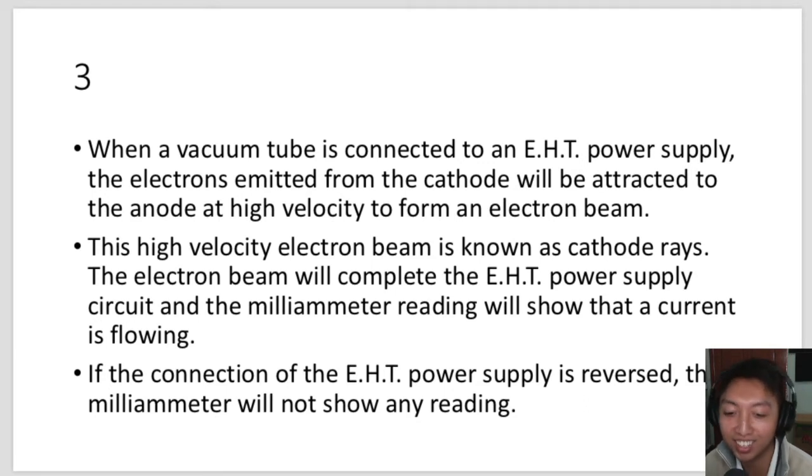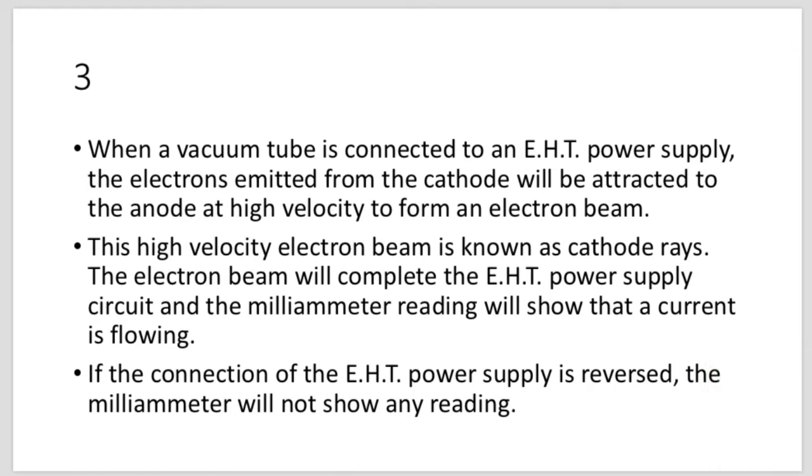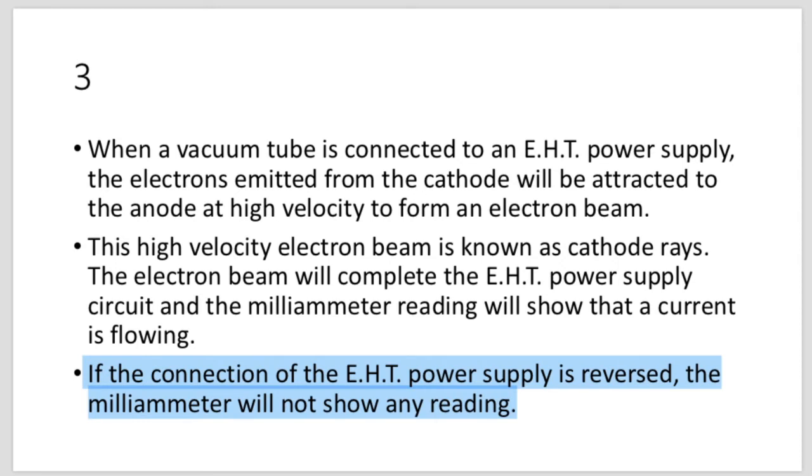I will tell you later. That's part of the later lessons. But just remember for now that if the connection of the EHT power supply is reversed, the milliammeter will not show any reading, meaning there will not be any flow of current if you change the connections. So you have to have the right connections if you want your cathode ray to work properly.